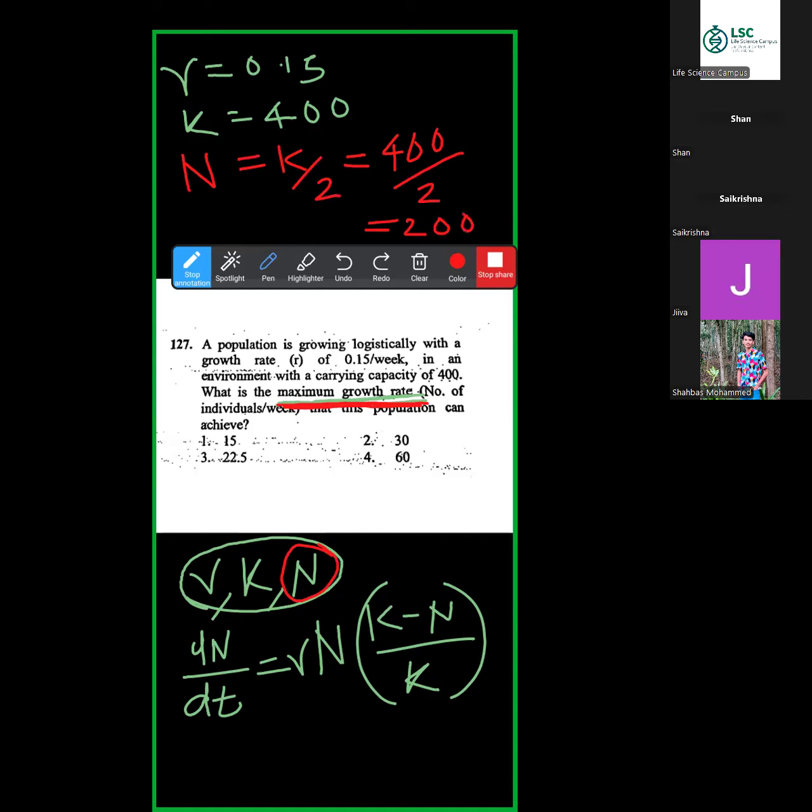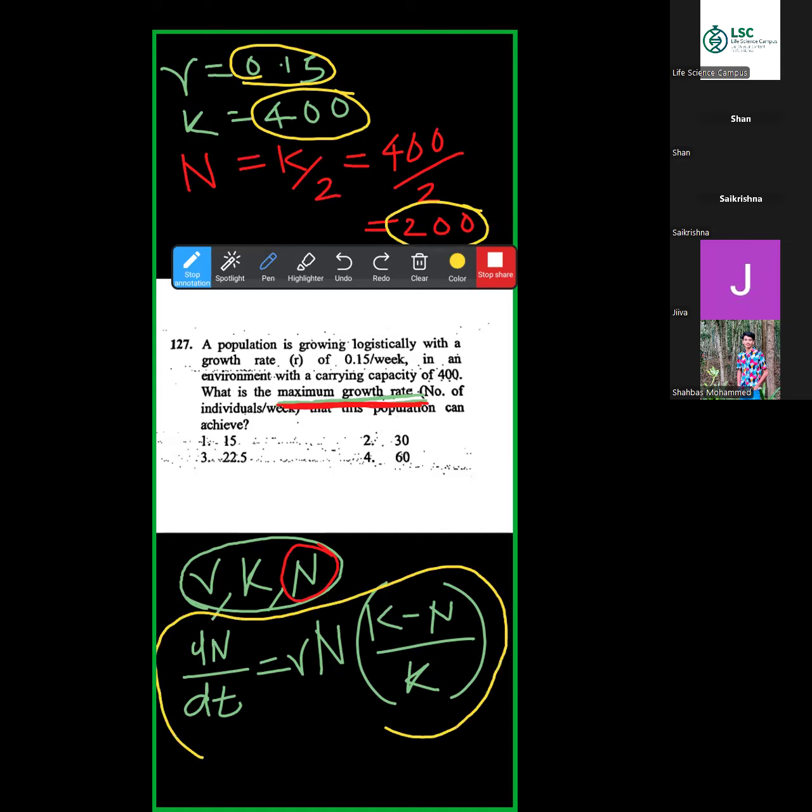Is it clear? Now we have the R value, K value, and N value. Just substitute these values into this equation. Then we will get 15 as the answer. Is it clear?